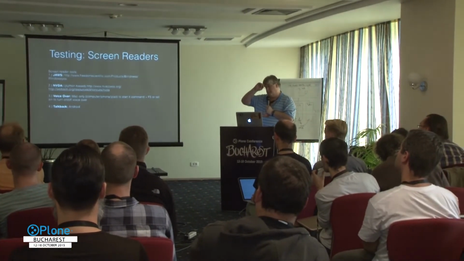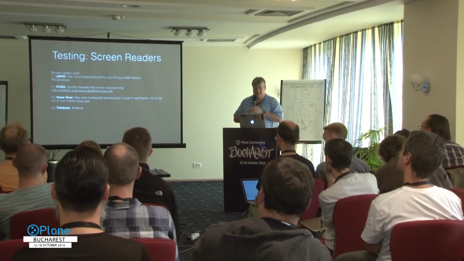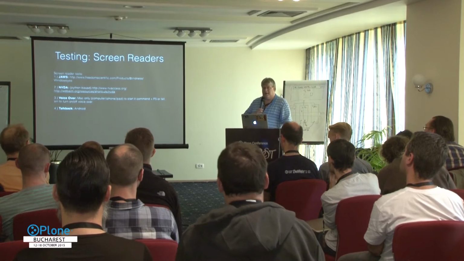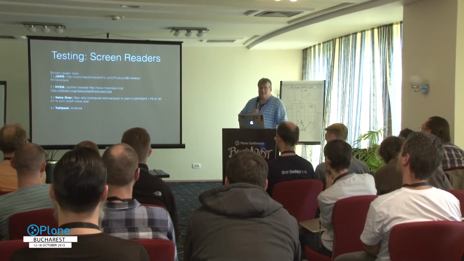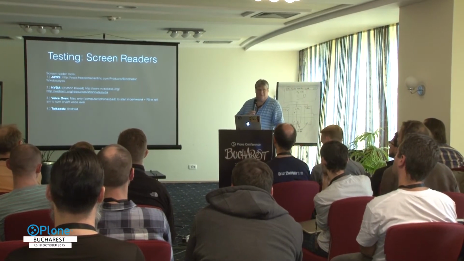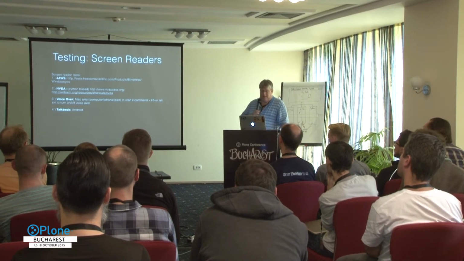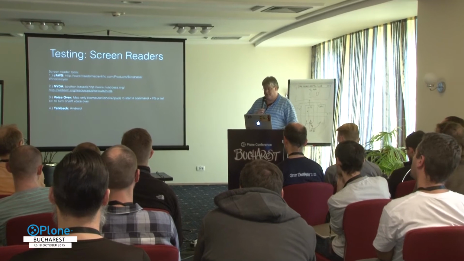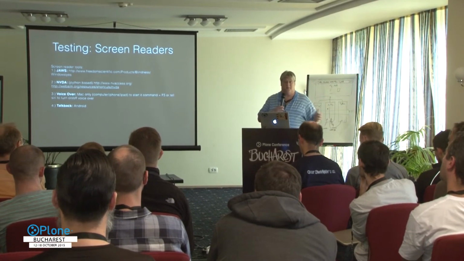So screen readers. Well, JAWS is what most blind people use. And it's like $1,000. I don't have $1,000. So I end up using NVDA, which is Python based. It's free. Maybe we can make it even better.